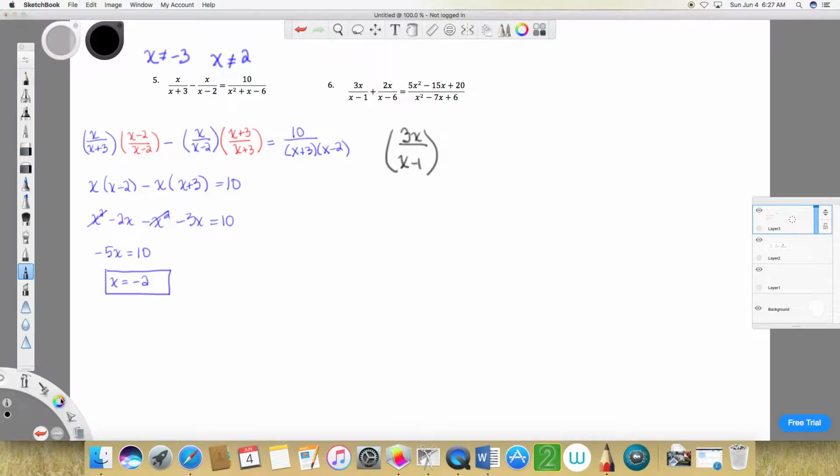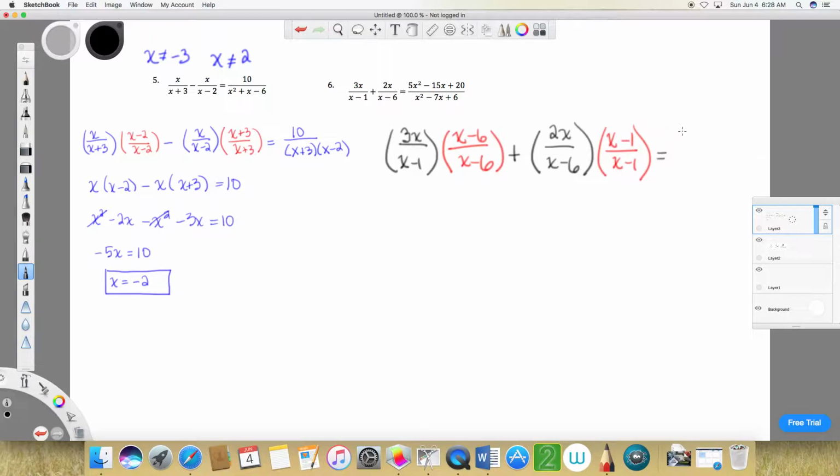This first term, the denominator is missing a factor of x minus 6, and the second term has the x minus 6, but it's missing the x minus 1. But by multiplying with the numerator and denominator equal to each other, we're just multiplying these terms by the number 1, so we're not changing the value. Changing the appearance, but not the value.